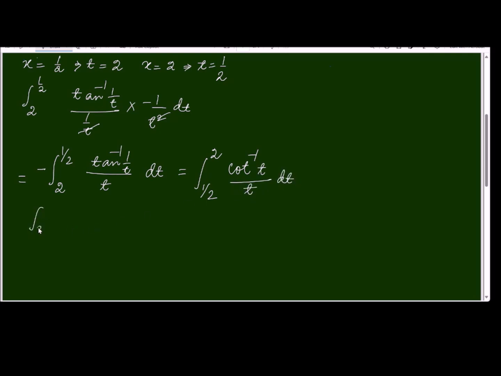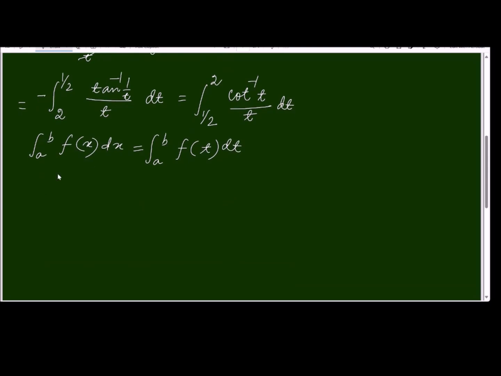Next, using the property integral a to b f of x dx is same as a to b f of t dt, replacing t by x, this can be written as half to 2 cot inverse x over x dx.